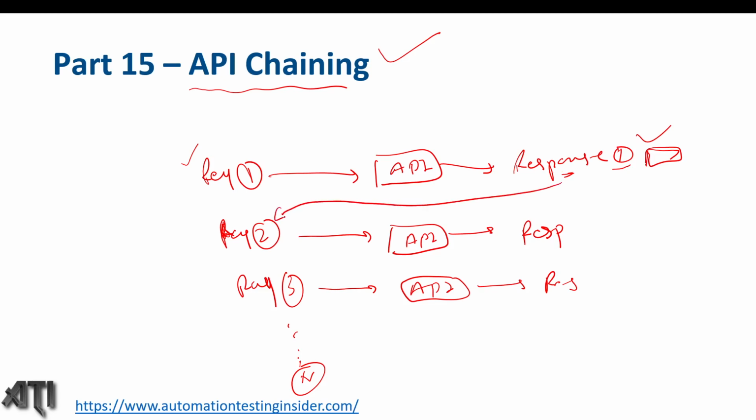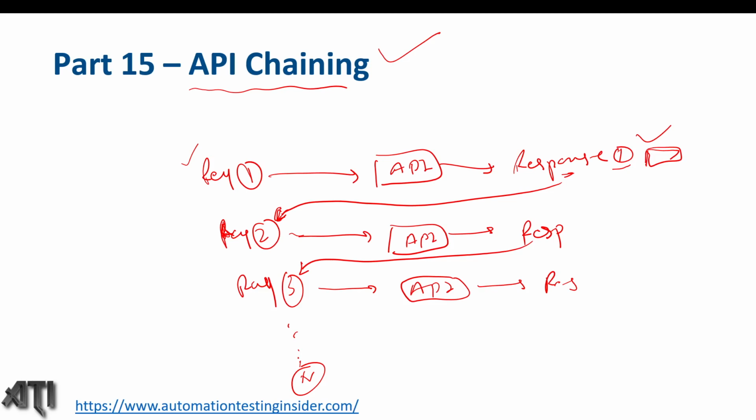Similarly, some part of the response from request 2 we use for request 3, and so on for other requests. So there is a dependency among a number of HTTP requests. Why are we doing this?